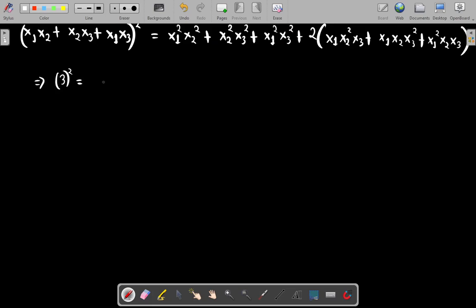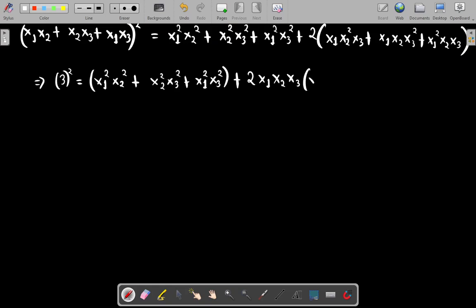So 3 square is x1 square x2 square plus x2 square x3 square plus x1 square x3 square plus 2 times, if I take x1 x2 x3 common from here, we are left with x1 plus x2 plus x3.